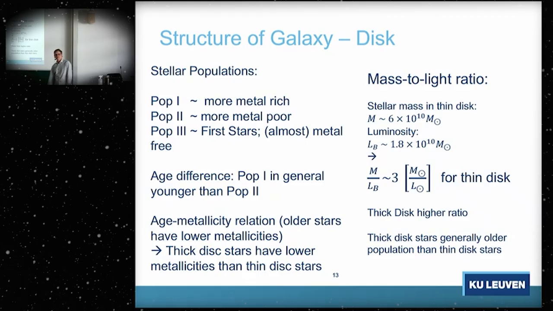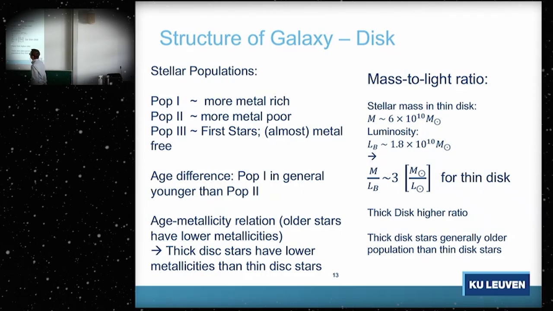So if you observe a high mass star, that's a POP1 star by definition, today in the Milky Way galaxy, because it has to have been formed within, say, the last 10 million years or so. Otherwise, it would have already died, right?